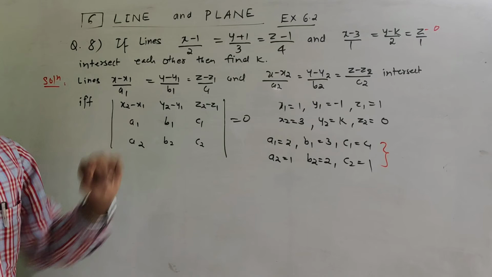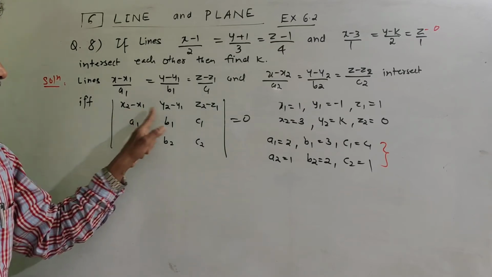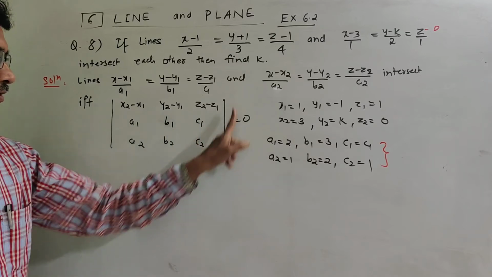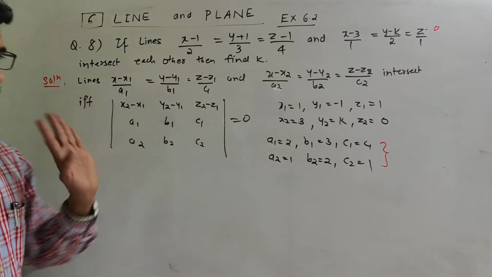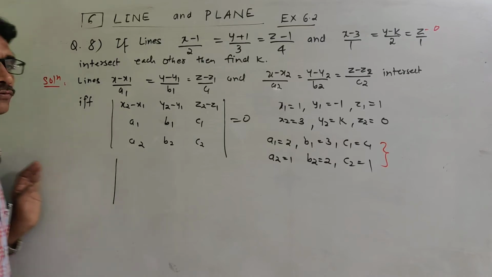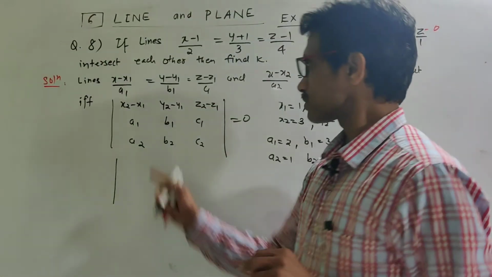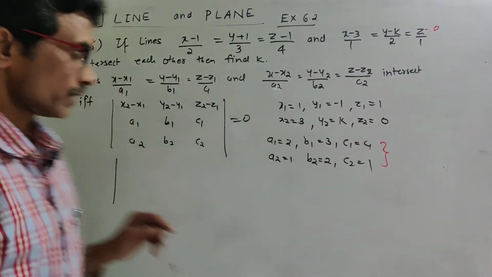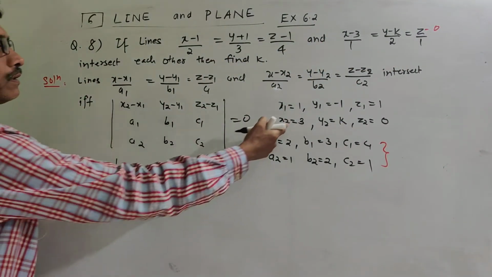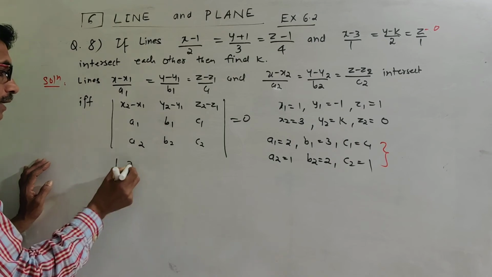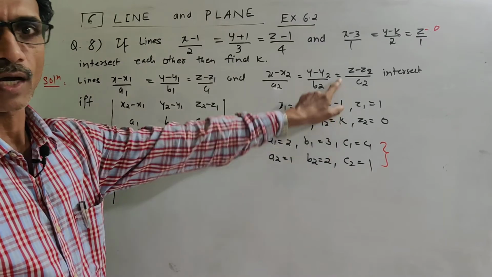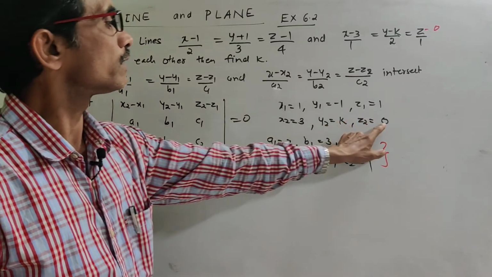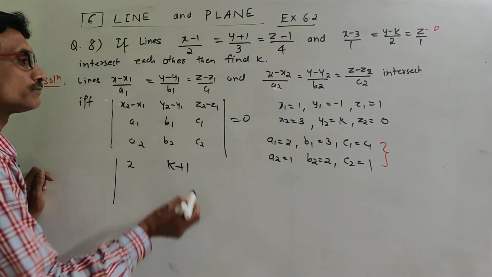See, the lines are intersecting if and only if the determinant x2 minus x1, y2 minus y1, z2 minus z1; a1 b1 c1; a2 b2 c2 is equal to 0. So therefore we will get here x2 minus x1 मतलब 3 minus 1, that is 2, y2 minus y1, that is k plus 1, z2 minus z1, that is minus 1.